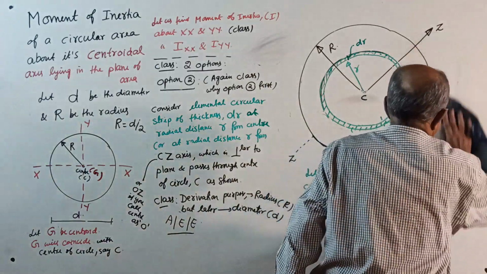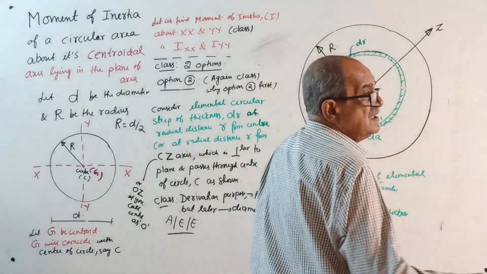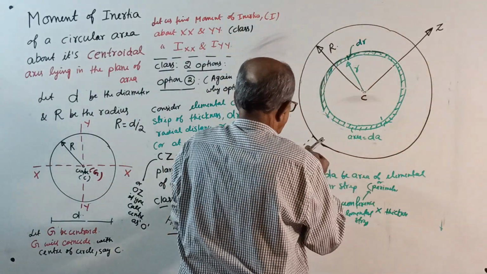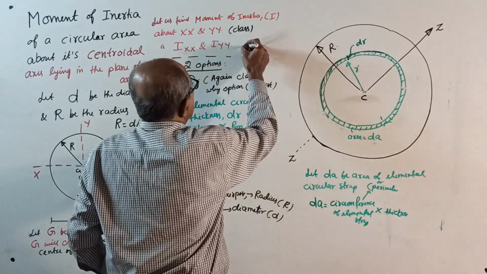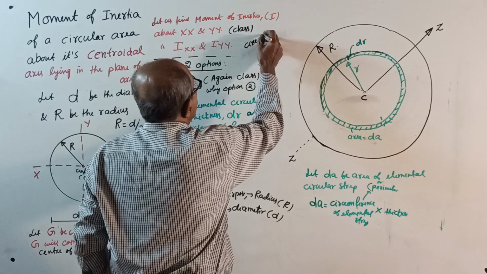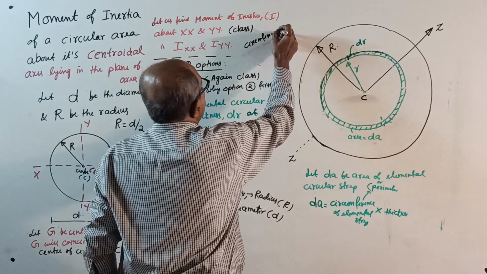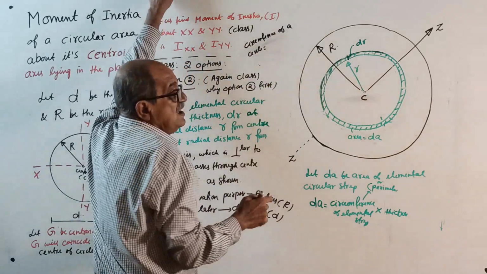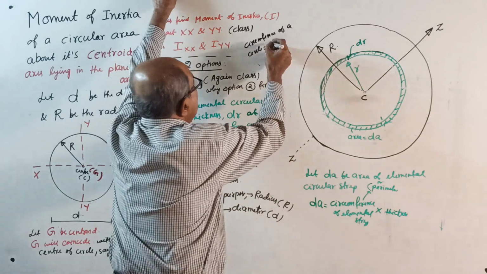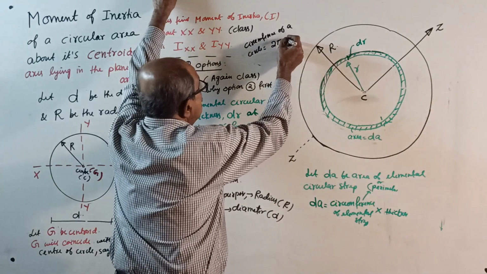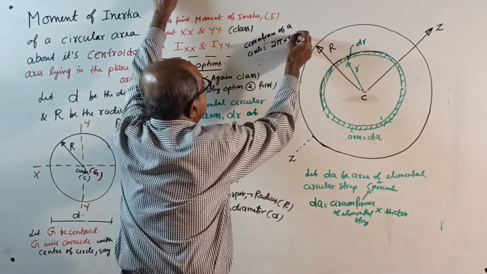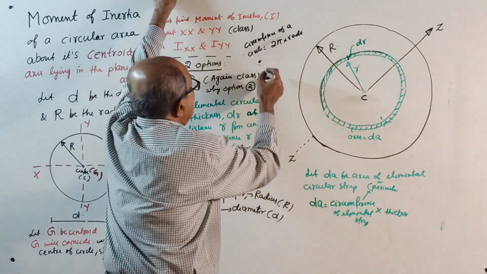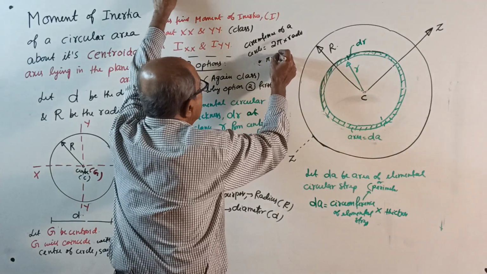Now remember, circumference of a circle equals, in terms of radius, 2 pi r, 2 pi into radius. Or in terms of diameter, it is pi into diameter.